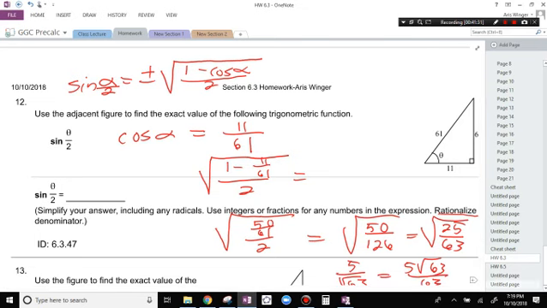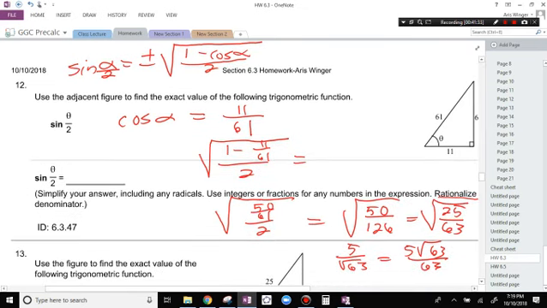I think it's 122. Oh, it's 122. So that's 25 over 61.